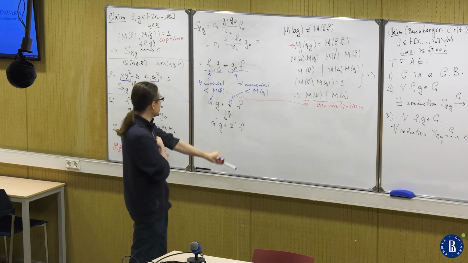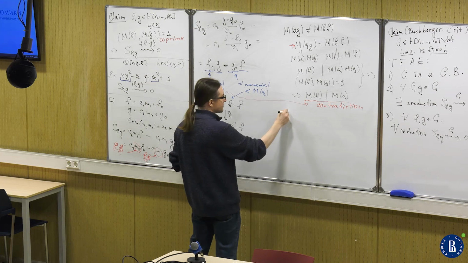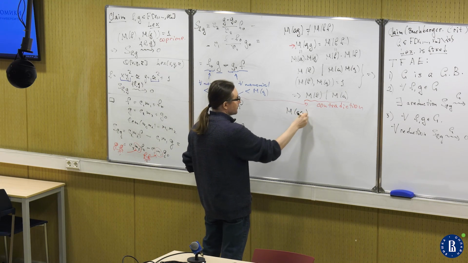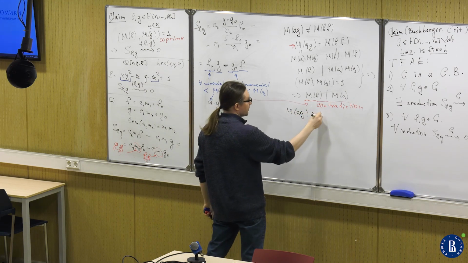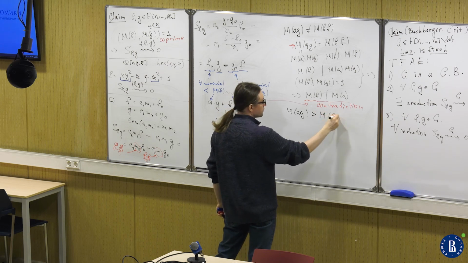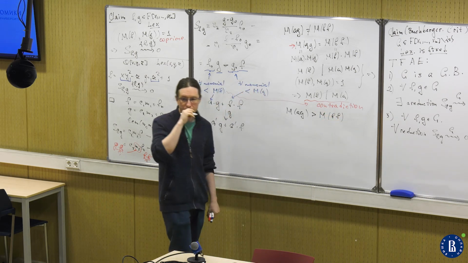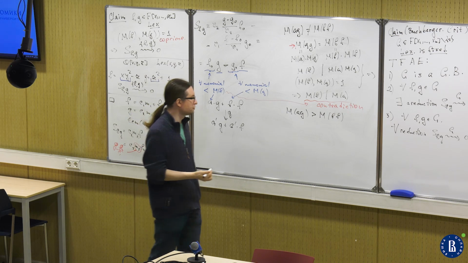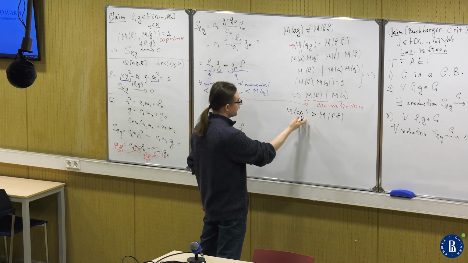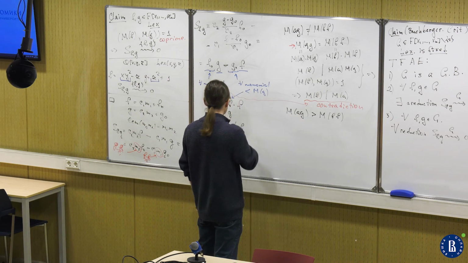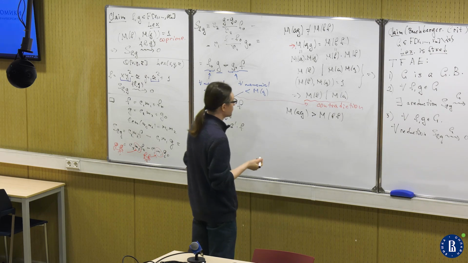Well, OK, let's assume that the leading monomial of AG is higher than the leading monomial of BF. Let's reduce the leading monomial of AG by G, and let's see what happens.